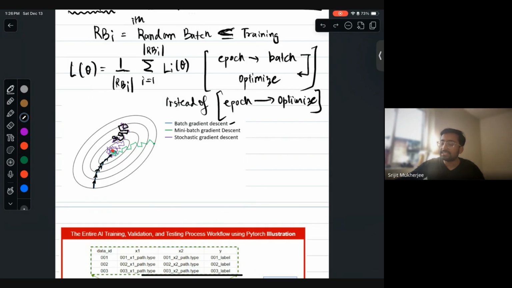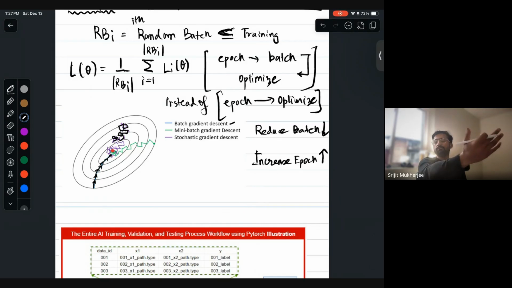So if you reduce batch size, increase epochs. Therefore, on average, it will go to that same point over time. Mini batch is a bit smoother because we have increased the amount of data, but less smooth than batch gradient descent. Make sense, guys? Did you understand?